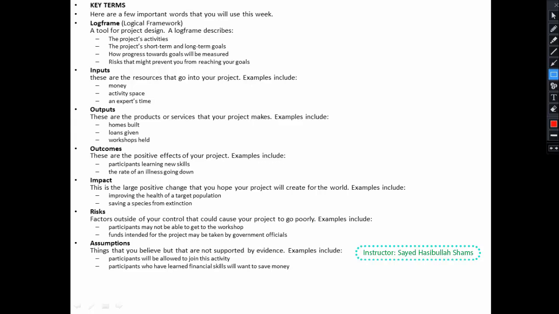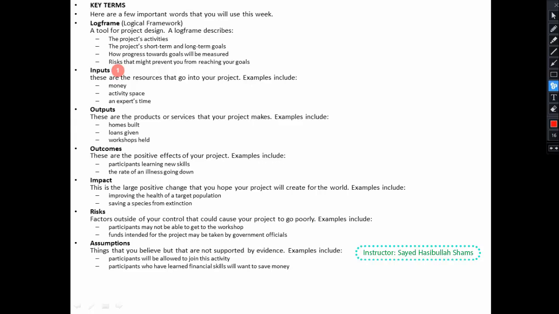The second term is input. Input is that the resources which go to our project, like money, time, machinery, place, and other resources.